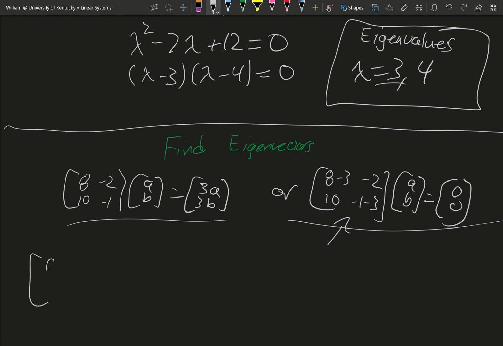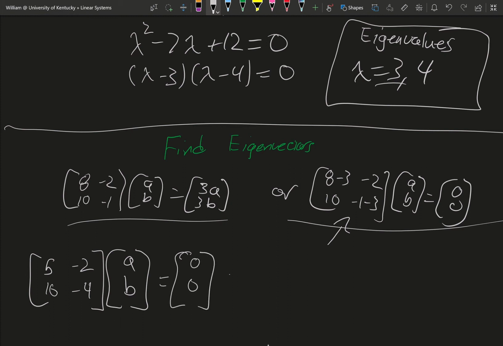So 8 minus 3 is 5, negative 2, 10, and negative 1 minus 3 is negative 4. We want this to be equal to 0, 0. So we'll just expand this: 5A minus 2B and 10A minus 4B.